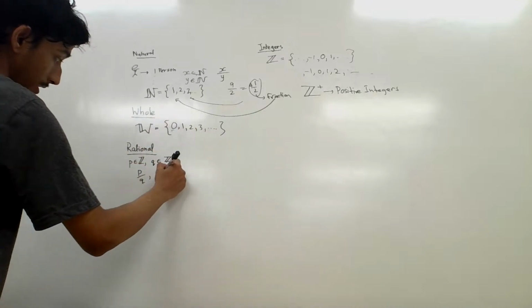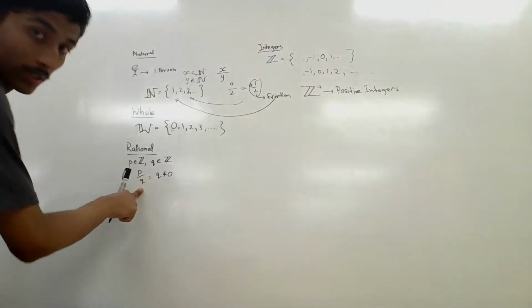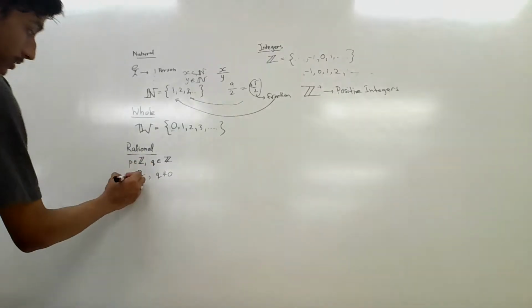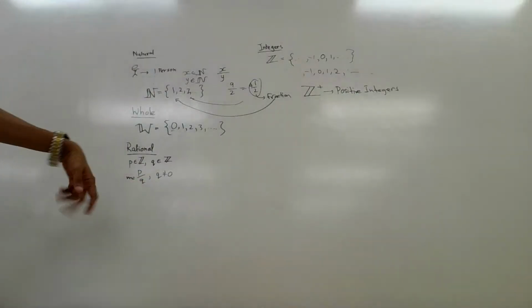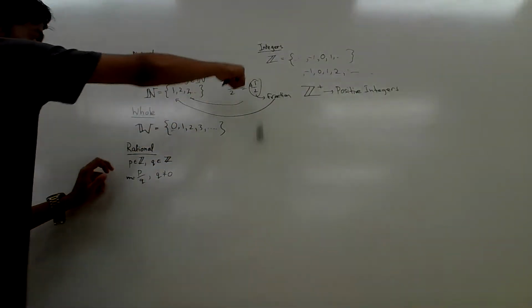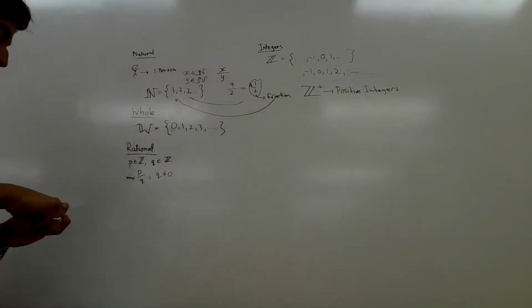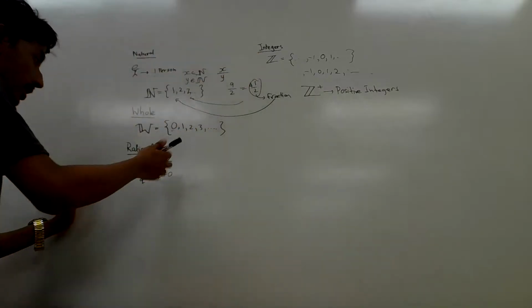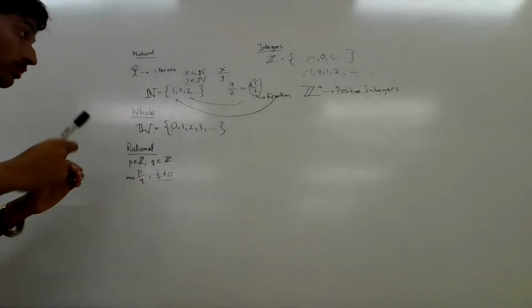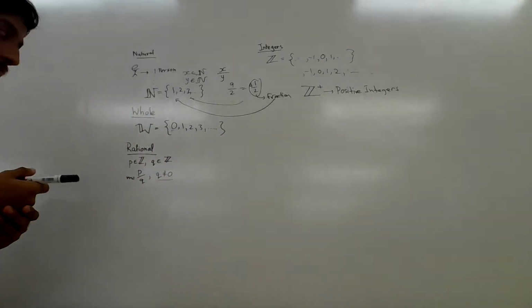A quick fact is that q should not be 0, because if you divide by 0 there is no meaning to it, as the whole fraction becomes undefined. It can be negative though.